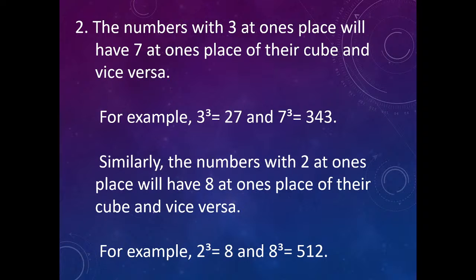Numbers with 3 at ones place will have 7 at ones place of their cube and vice versa. So it's like alternative. If 3 is at ones place, 7 will be at its ones place. If 7 is at ones place, 3 will be in its ones place.